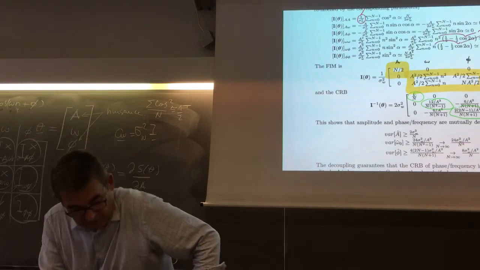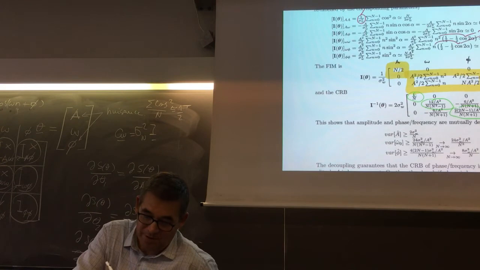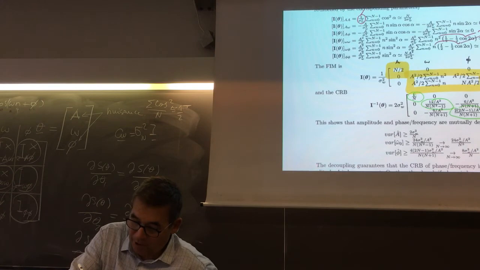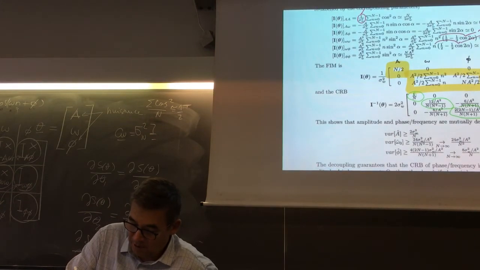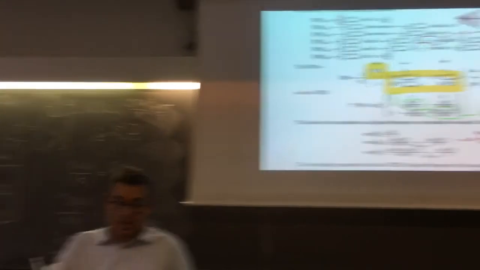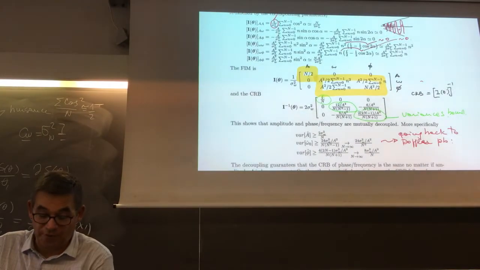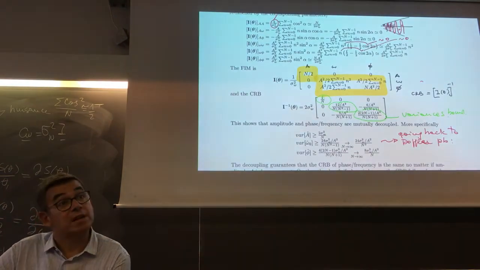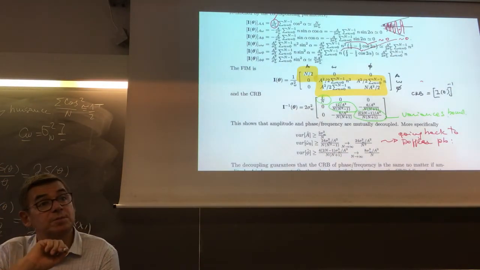But if we go back to our problem, going back to the Doppler problem, okay, then I can say that this variance is the following. So it depends on the inverse of the square of the number of samples.